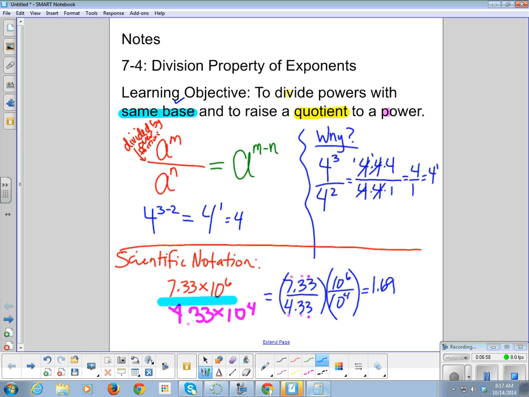And then this is going to be 6 minus 4 using our exponent rule. 6 minus 4 is 2. And that's our answer. 1.69 times 10 to the 2.